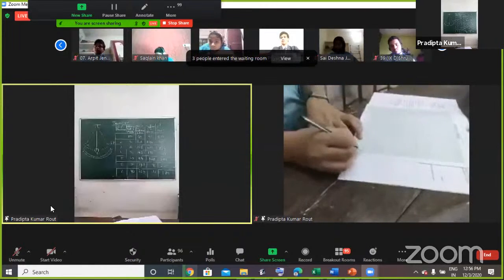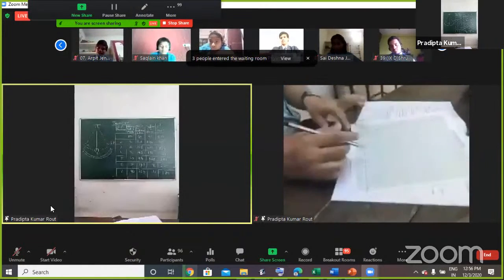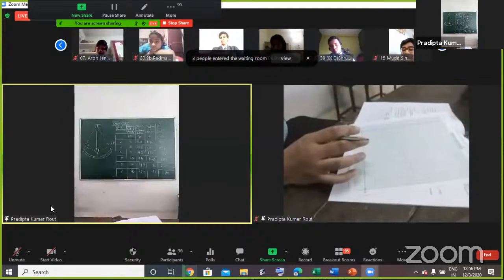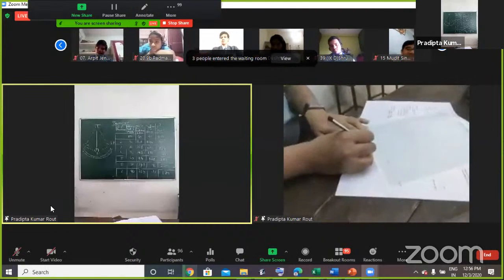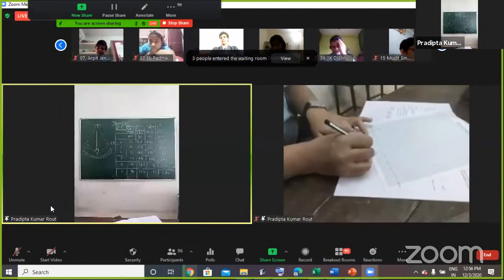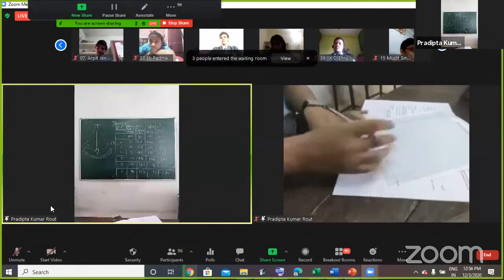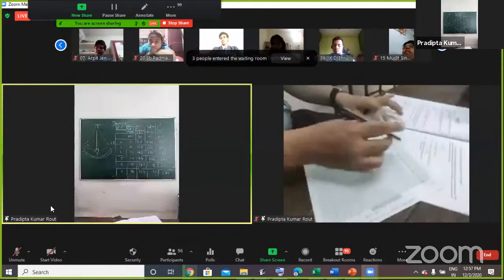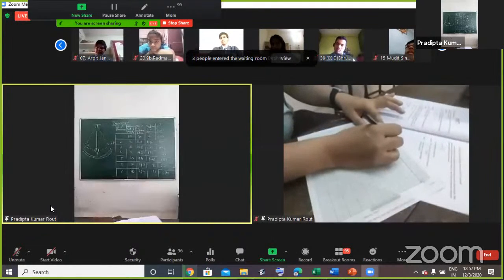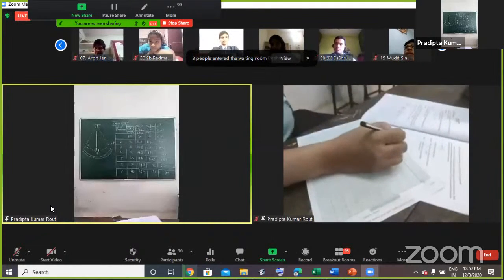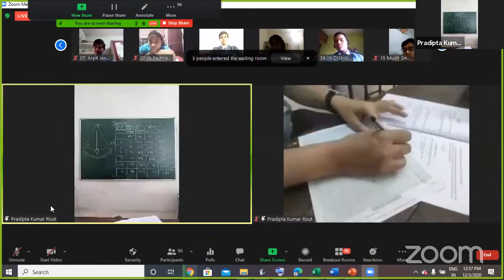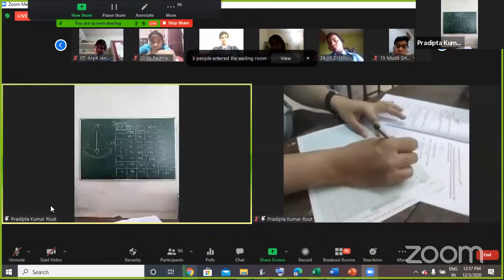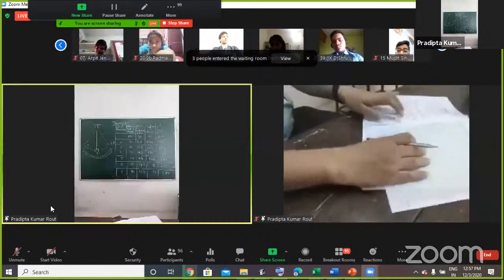This is the x-axis, and on it we take the effective length L in centimeter. On the y-axis, we take the value of t square, in second square.